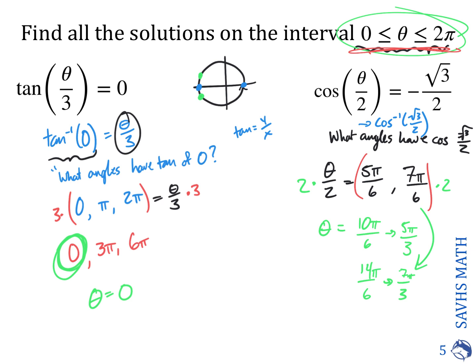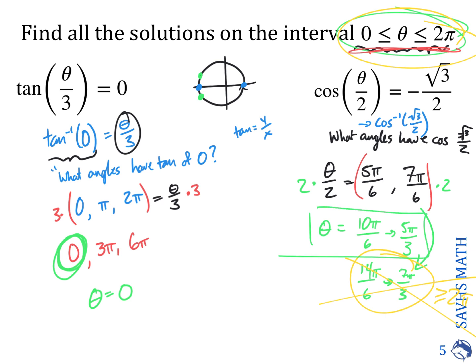Well, this one is bigger than 2 pi, so because it's not in the range that we want to work with, we're going to cross it off. The only solution that we have here for this one is 5 pi over 3.